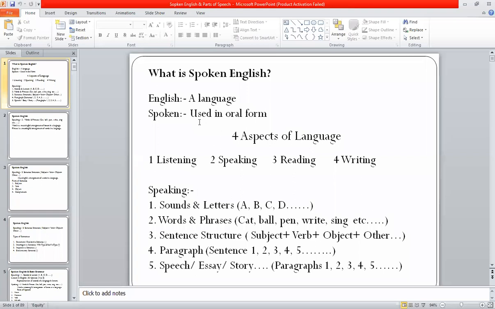First we listen to the person who is speaking or talking with us, then we try to speak what he is speaking. We repeat the sentences, we follow him, and then we start reading, and fourth, we start writing.